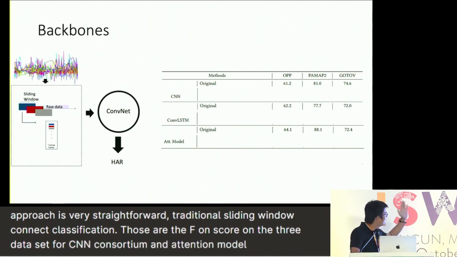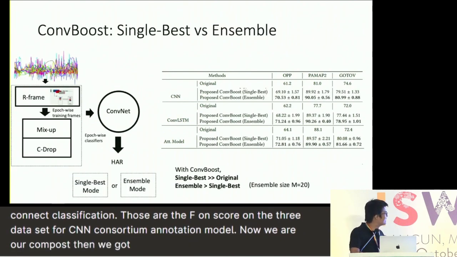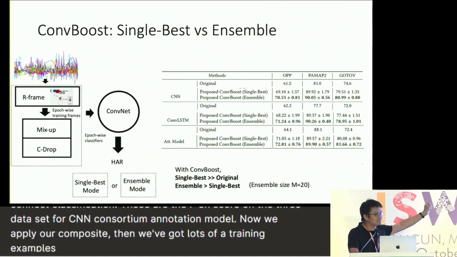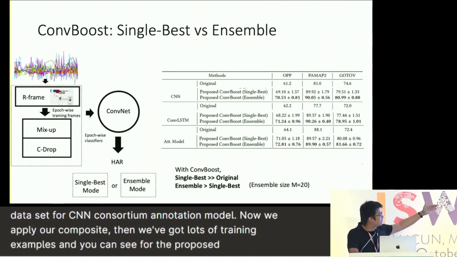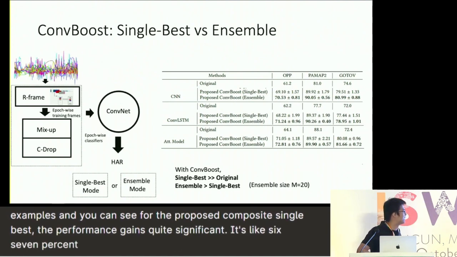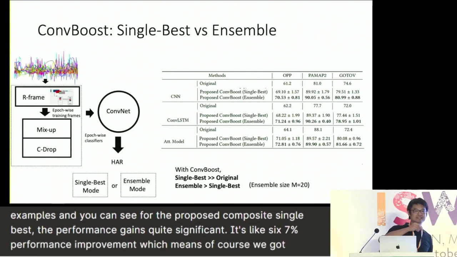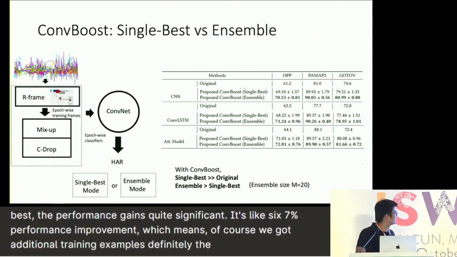Now, we apply our ConvBoost. Then we get lots of training examples. You can see that for the proposed ConvBoost single best, the performance gain is quite significant, like 6 to 7% improvement, which means, of course, we got additional training examples, so it definitely improves the performance.